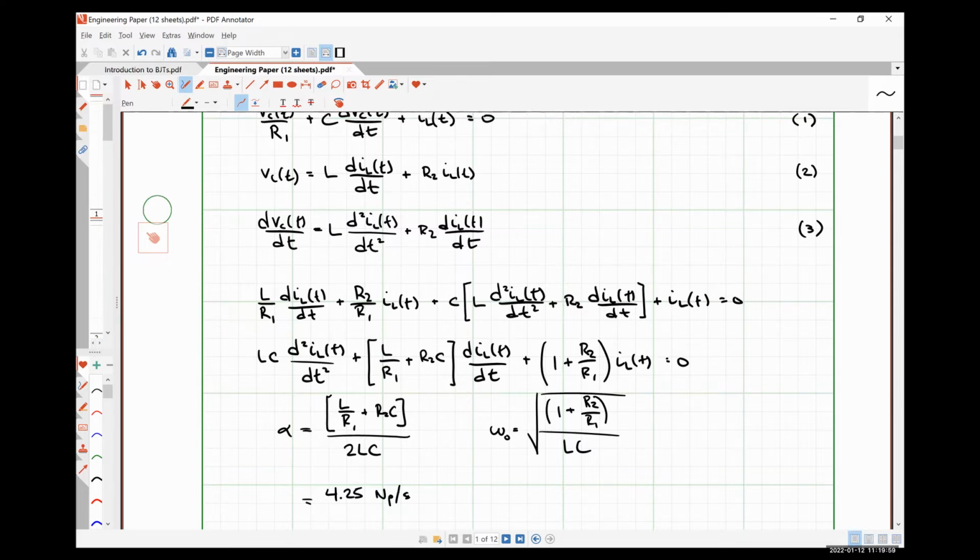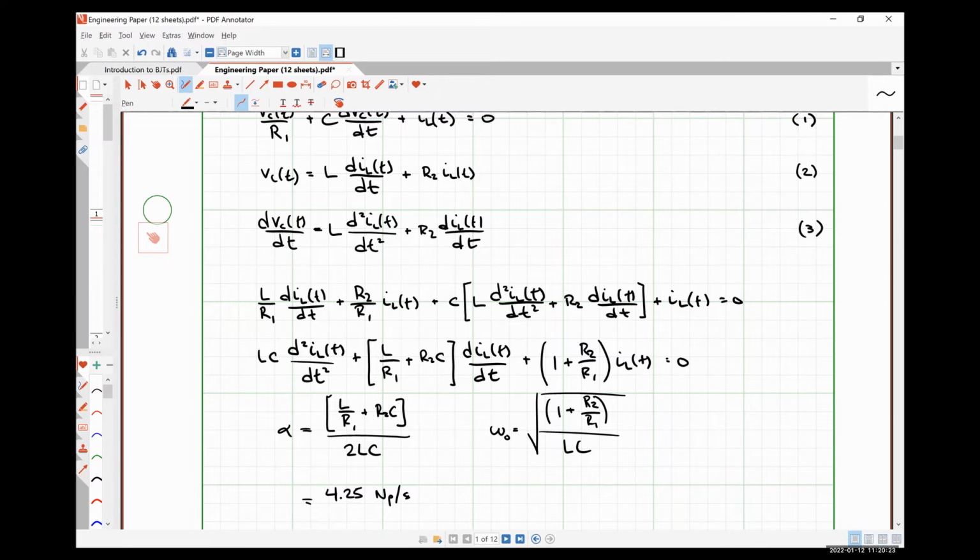Omega naught, I'm taking the square root of 1 plus R2, which is 1 ohm, divided by R1, which is half an ohm, over L, which is 2 henries, times C, which is 0.25 farads.